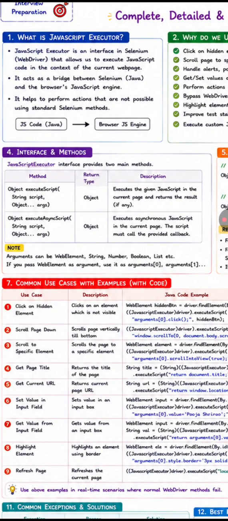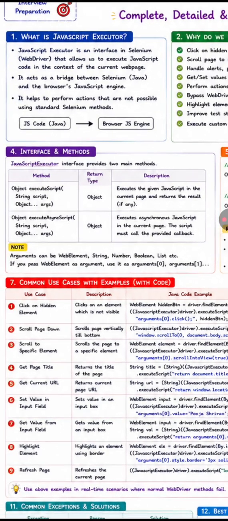Execute script means we can execute our JavaScript code, and execute asynchronous script is used for a page where we make an AJAX call, or a page which takes a longer time to load.